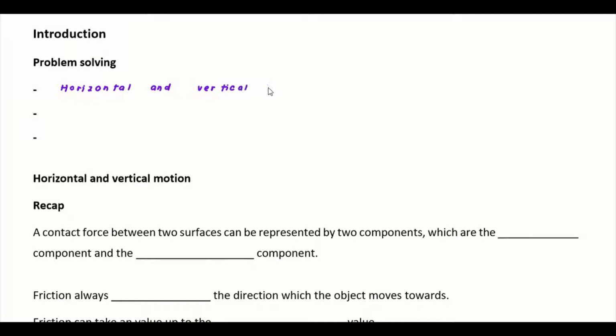Horizontal motion is like driving a car or pulling something on a horizontal surface. Vertical motion is when you drop something, or throw something upwards and it falls down. But now the situation that we will be looking at is where the forces involved are not in one dimension only, which means you will need to resolve your force. Then there's friction involved.